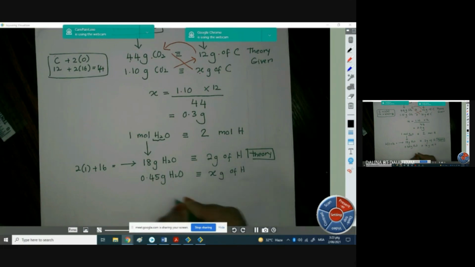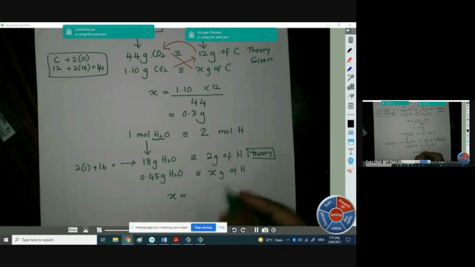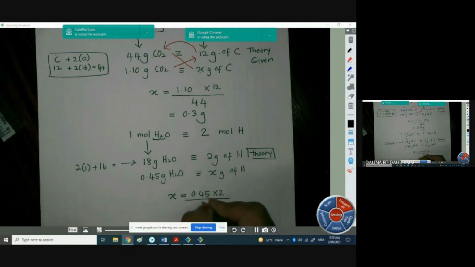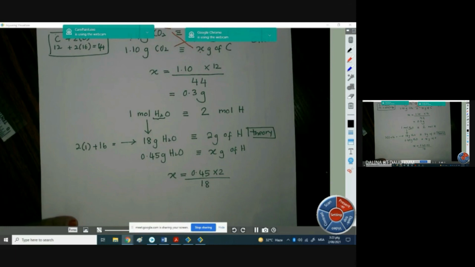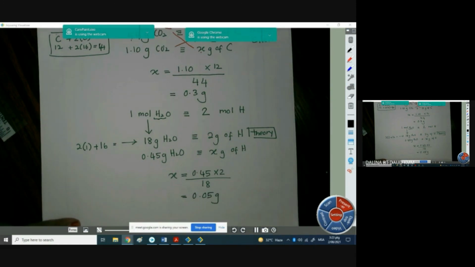So X, dekat sini baru you buat double line. X sama dengan 0.45 times 2 divide 18. Okay, so we will get the answer is 0.05 gram. Ini soalan famous juga. So you kena faham cara ni.